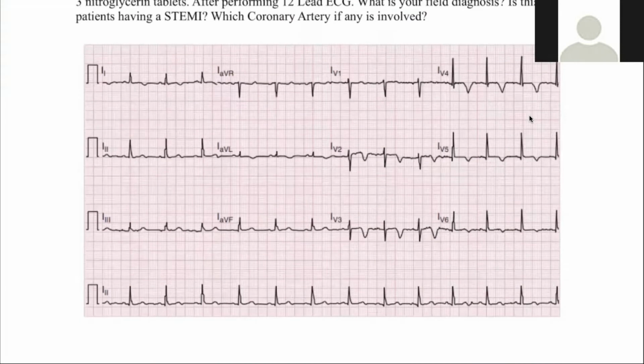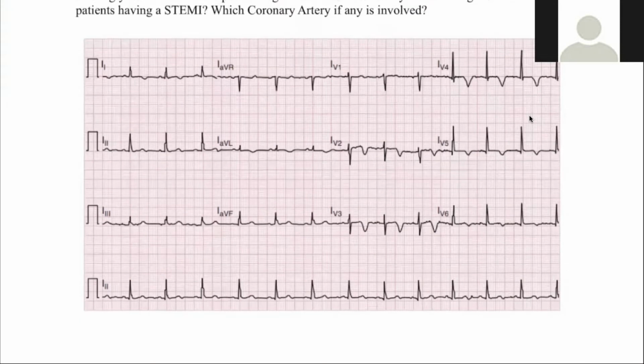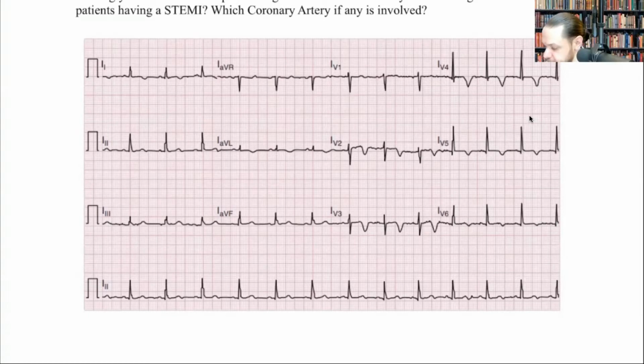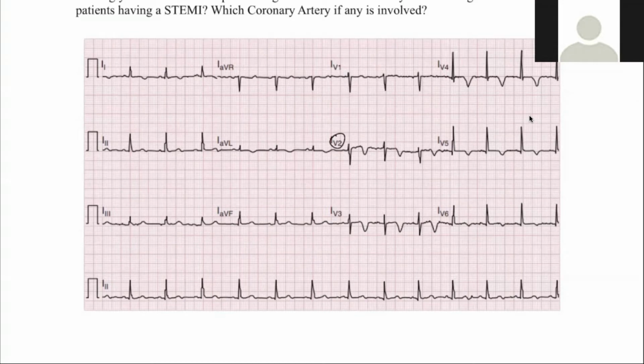let's go to, we're going to start looking from 2. Honestly, I see elevation in V2. Okay. I see a depression in AVL.